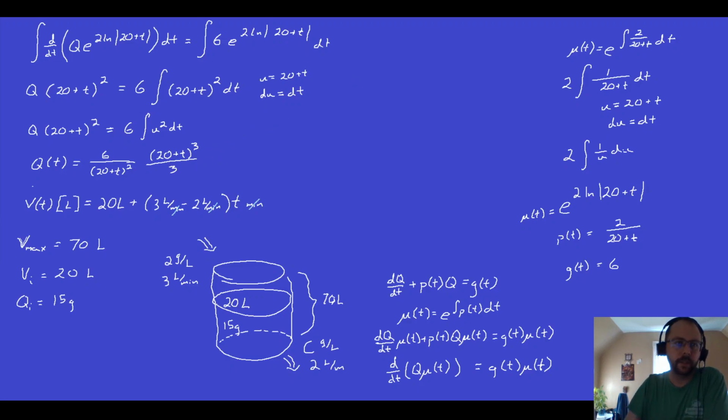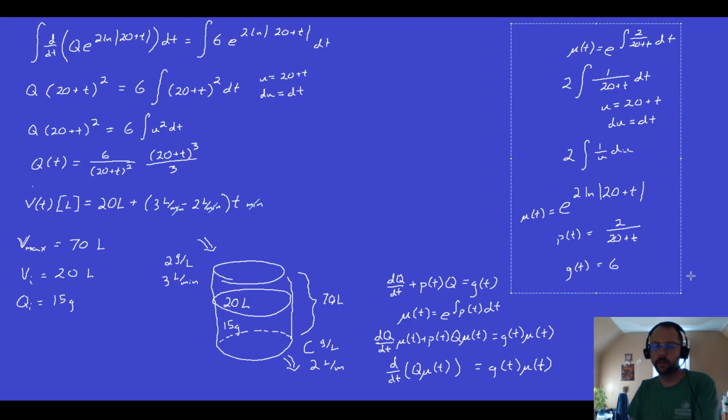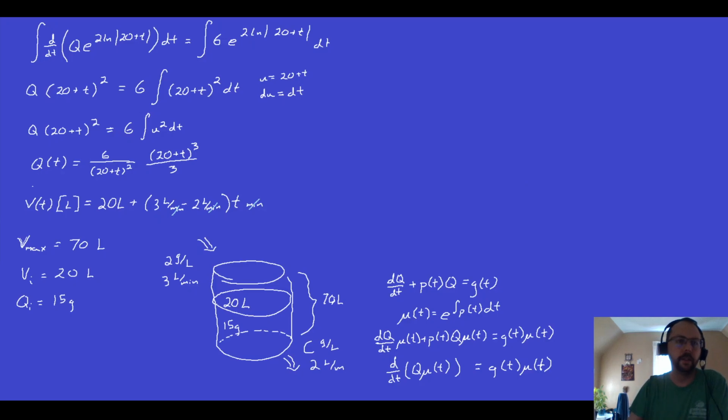So let's get some more space. So Q of t equals, this becomes a 3 on the top, 6 divided by 2 is 3.